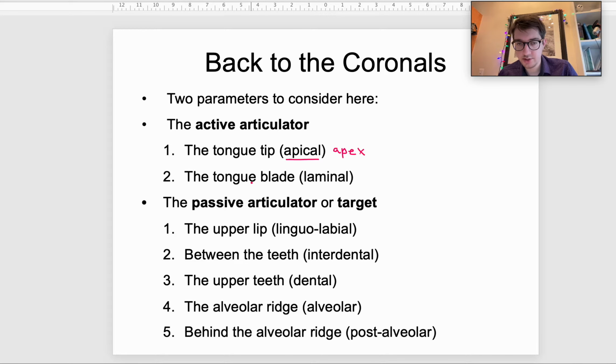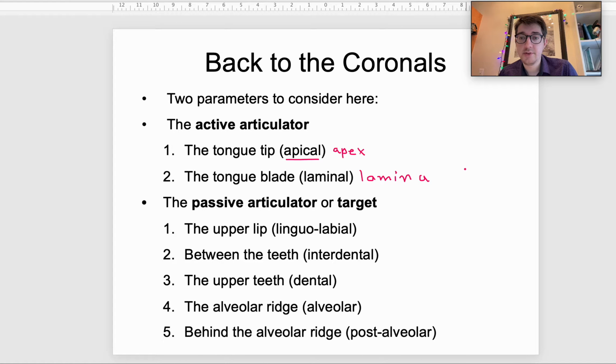Another active articulator, or the other active articulator, is the tongue blade, which is also known as lamina, right? And therefore laminal sounds. So lamina, here from Latin, which means thin layer of a surface, in our case flat surface. Yeah, like laminated floors, maybe, because you're adding layer after layer, but thin layer of surface.